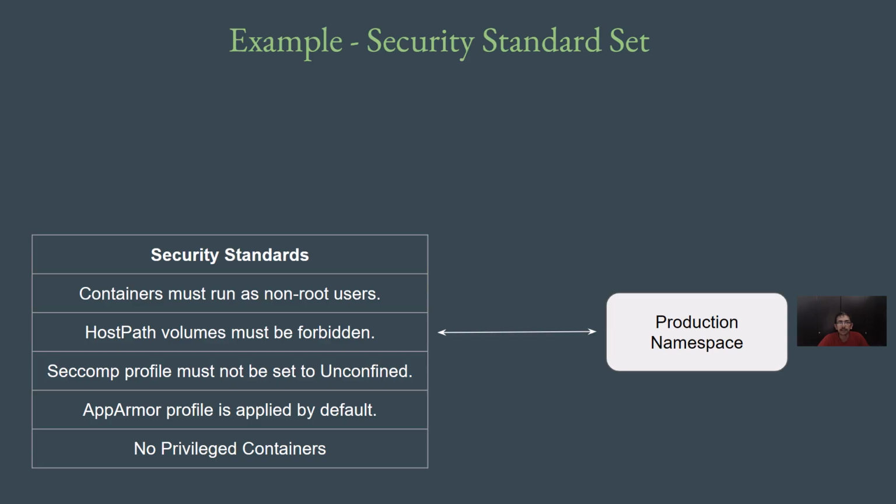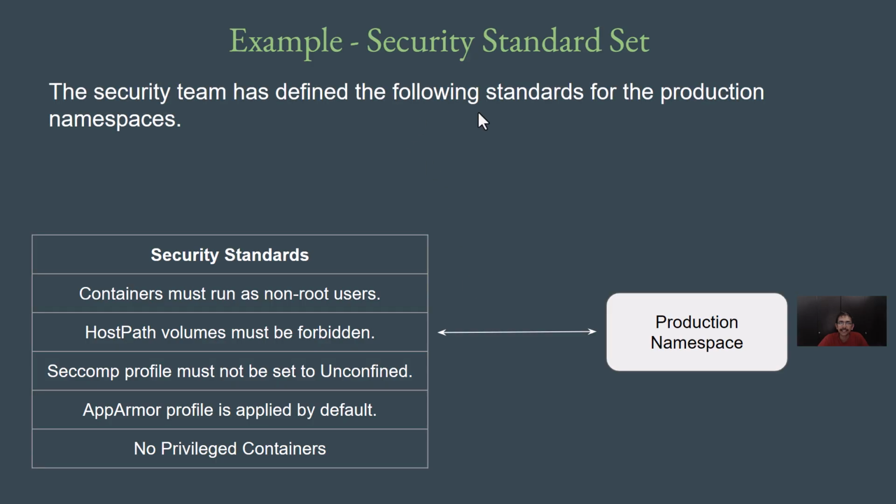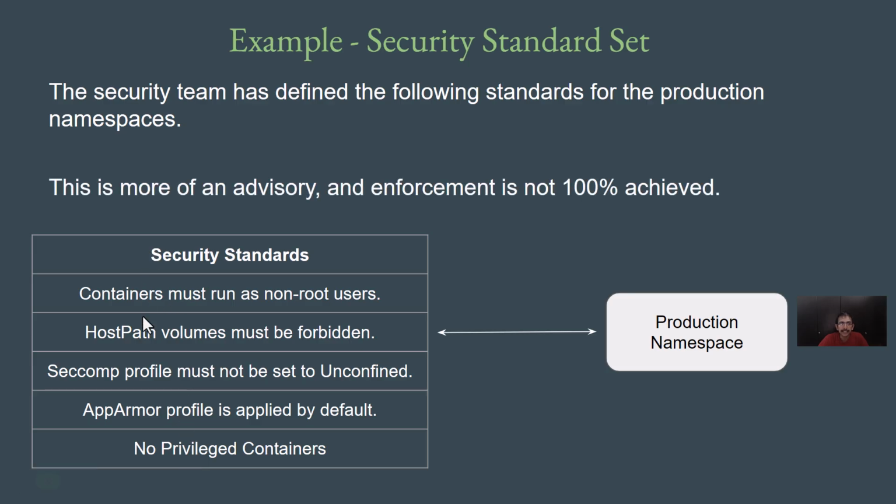Now, in many of the bigger organizations, you will see that the security team would have set the standards for production related namespaces specifically. So you have some security standards like containers must not run as a root user, or hostPath volume must not be used, or no privileged containers should be deployed in the production environments, and so on. Now, the issue here is that these are primarily standards and act as an advisory. So it is not 100% enforced.